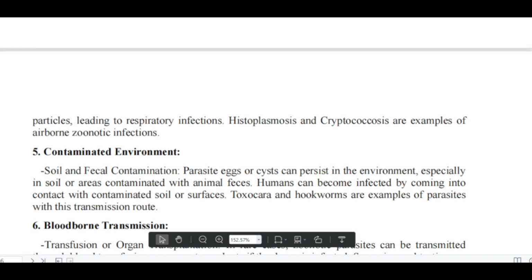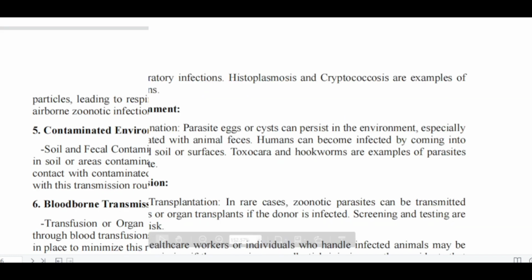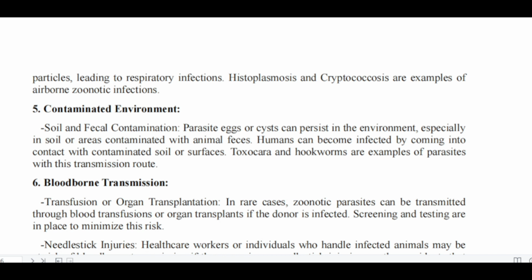Then you have contaminated environment, soil and fecal contamination. Parasite eggs or cysts can persist in the environment, especially in the soil or areas contaminated with animal feces. Humans can become infected by coming in contact with contaminated soil or surfaces.